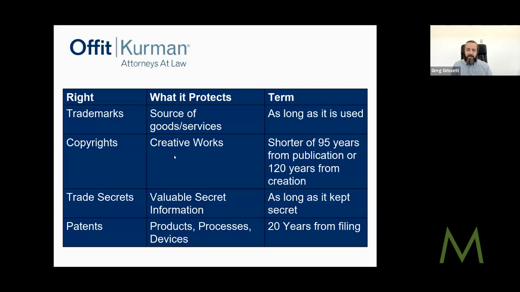Patents, this is about products and processes and devices and compositions and machines. Sometimes you may hear a patent attorney say these are about technical solutions to technical problems, inventions, so to speak. And of all the IP rights, this is the one with the shortest term. It's 20 years from filing. And part of that is a recognition of the power of this particular right. We're going to spend pretty much all the rest of our talk talking about patents.